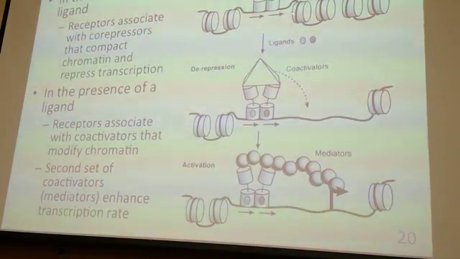So here it's really packed, wrapped around these histones. Here we alleviate the packing of the DNA, allowing it to increase expression. And then it recruits a second set of factors, these mediators, which recruit RNA polymerase and other transcription machinery to increase the gene expression from these genes present in this DNA. Okay.